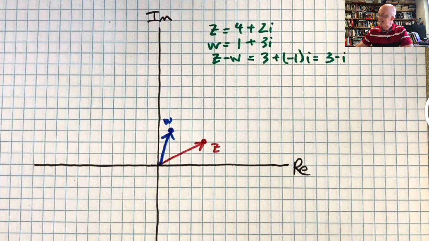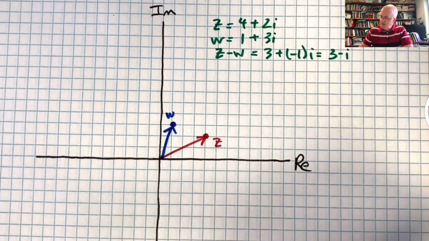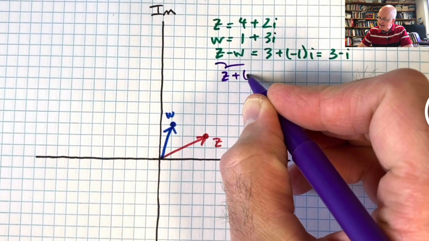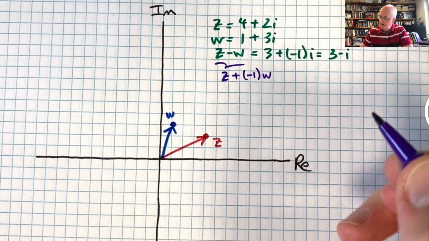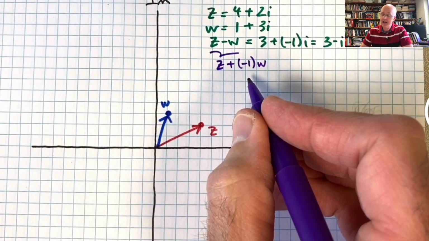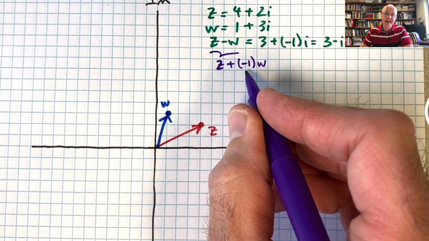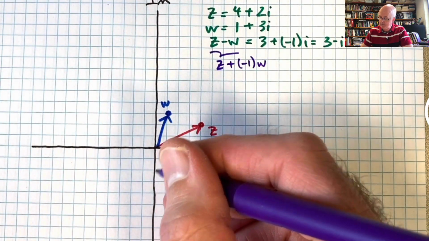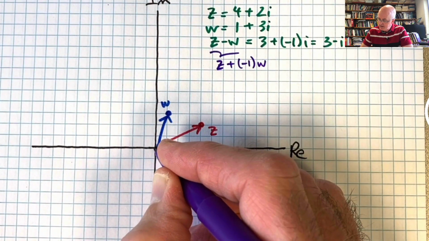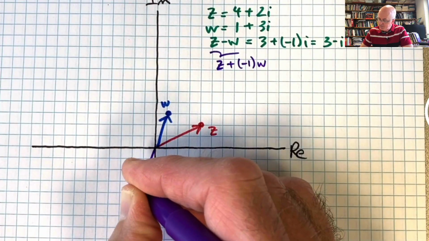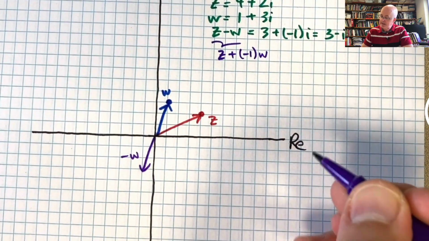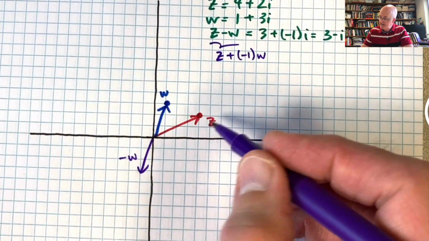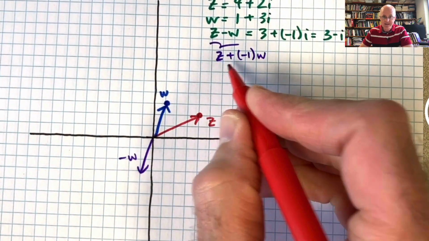Where should I draw z minus w in this picture? Well, we thought of z minus w as z plus -1 times w. We saw from the last video that when you multiply a complex number by -1 as a vector, it turns it around to the opposite direction but the same length. Negative w is going to be right there. And then I can use the parallelogram law that we learned about in video number 4 to geometrically interpret z minus w as z plus -1 times w.